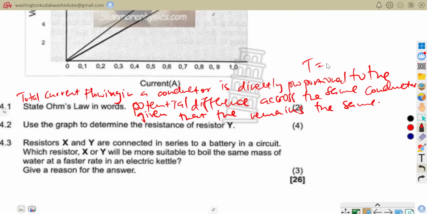So when temperature is constant, the current that is running through the conductor is directly proportional to the potential difference across the same conductor.